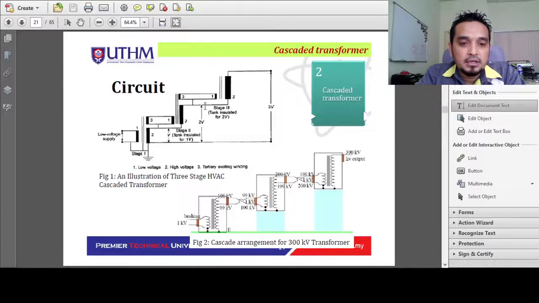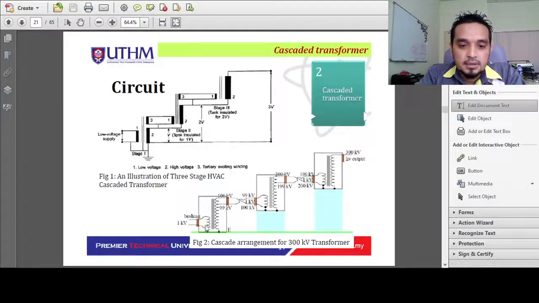For the second transformer, the voltage difference to the earth will be 2 volt, and the third one will be 3 V. Here are straight transformer 1, 2 and 3, cascaded in series.